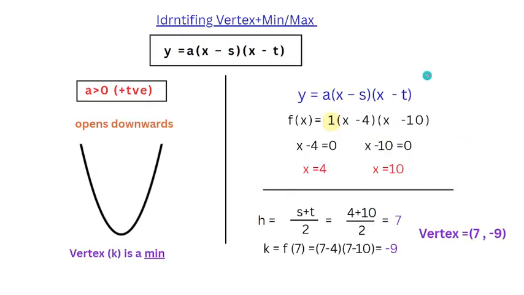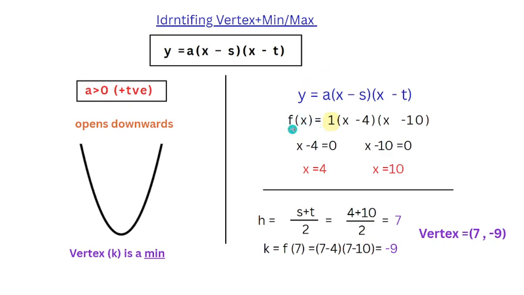Another example. This is y equal a, quantity x minus s, quantity times quantity x minus t. This is a factored form. What can we use this for?